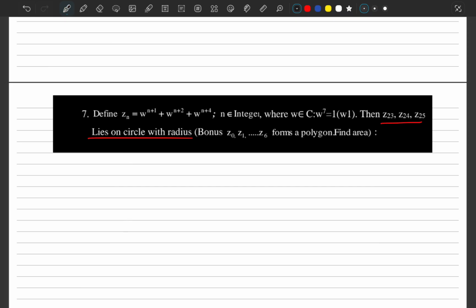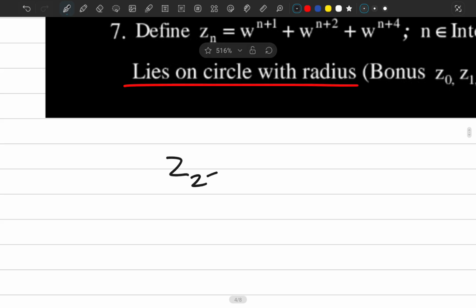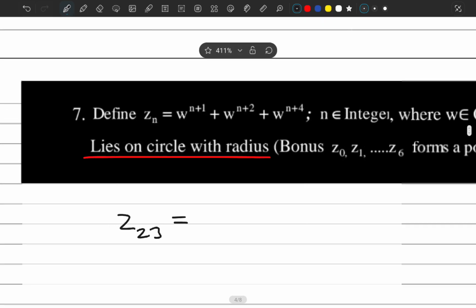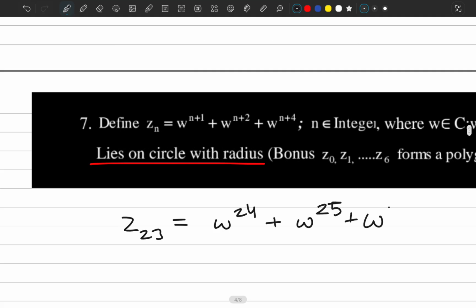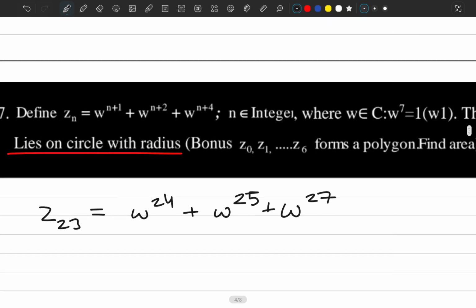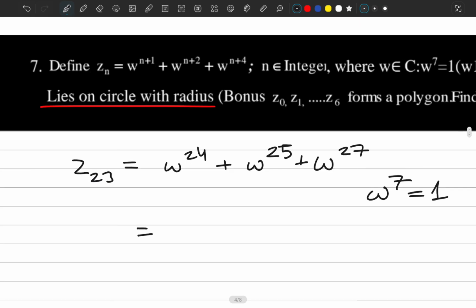So all of them lie on the same radius. Let us see. z23 will be z24 plus z25 plus z27, and it is given 1. So this will be omega cube plus omega 4 plus omega 6, right?